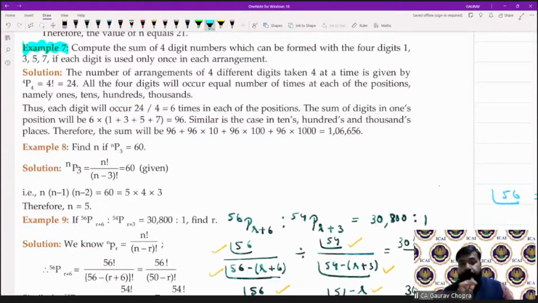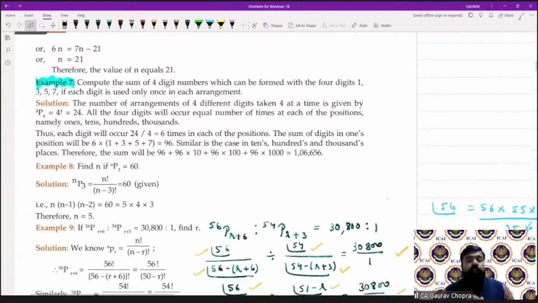Compute the sum of 4-digit numbers which can be formed with the 4 digits 1, 3, 5, 7, if each digit is used only once in each arrangement. So we can use them only once.